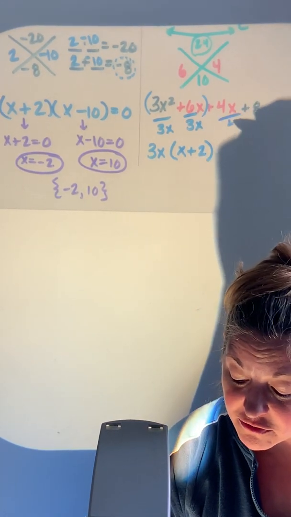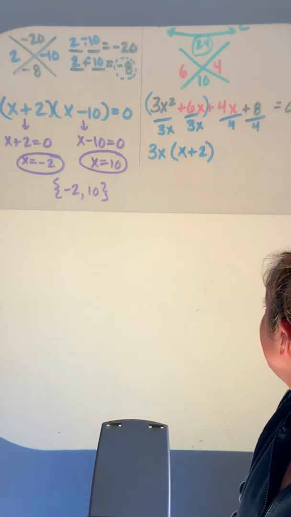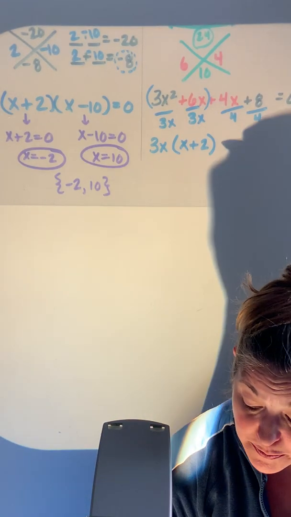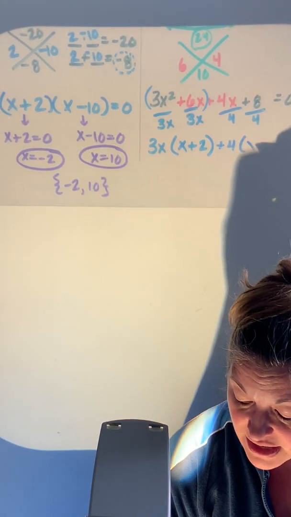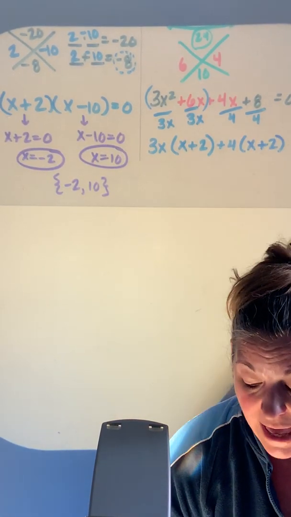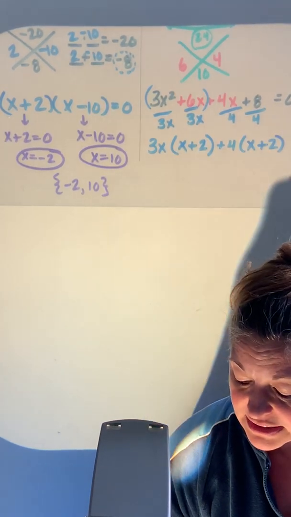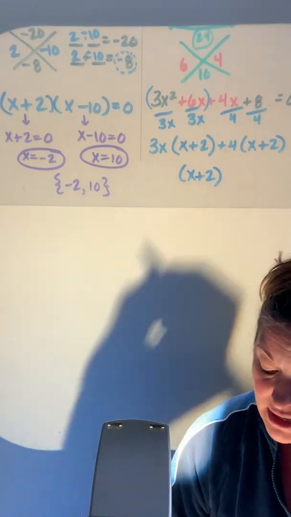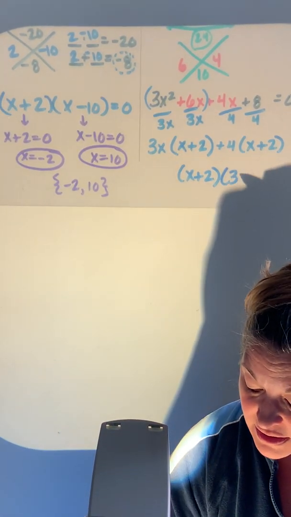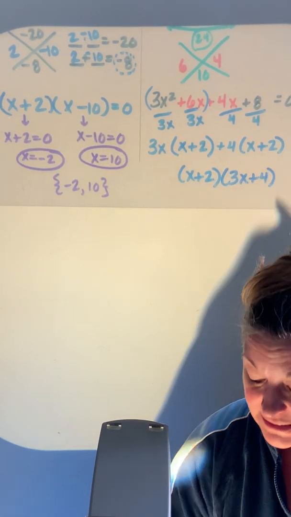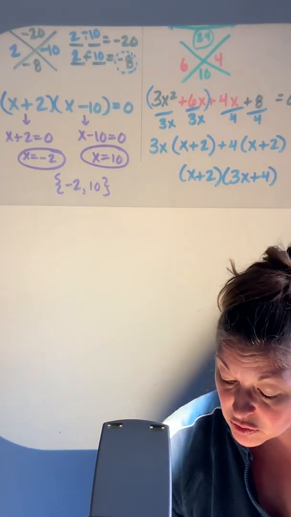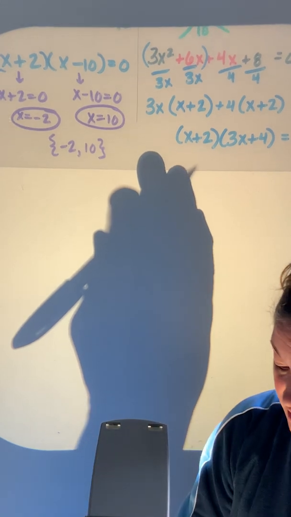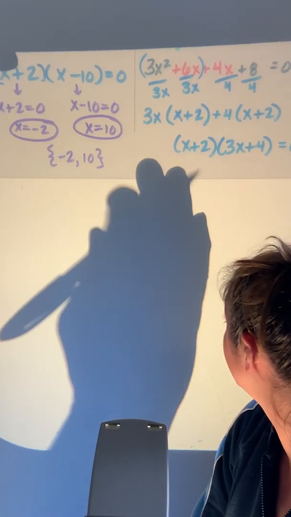Over here, a 4 is the greatest common factor, because a 4 divides evenly into both those numbers, and it is the biggest number that does that. And that will give us x plus 2 again. The common piece here, the x plus 2, becomes half of our answer with the factoring. The guys in the front will become the second set of parentheses. So this is the actual factored version of our problem.